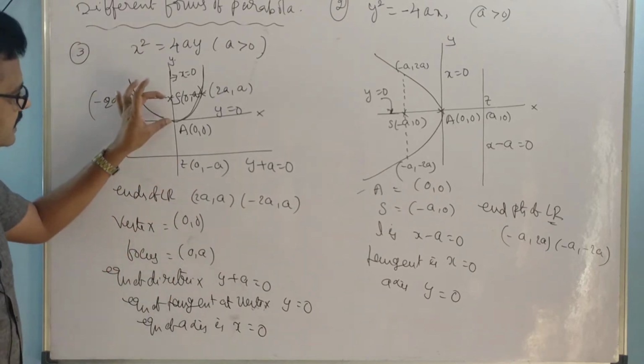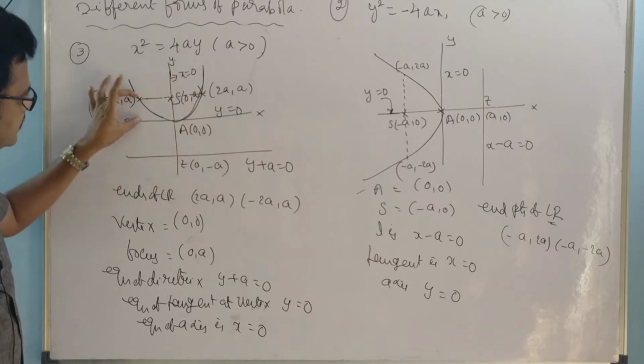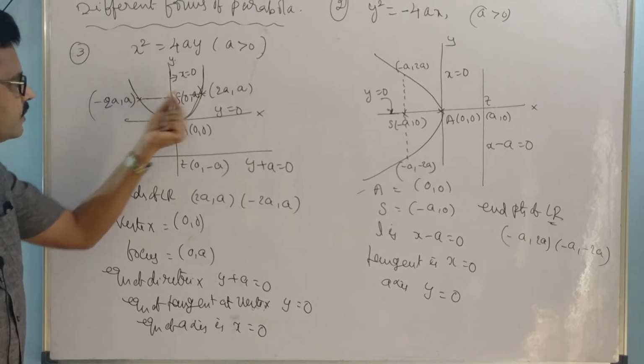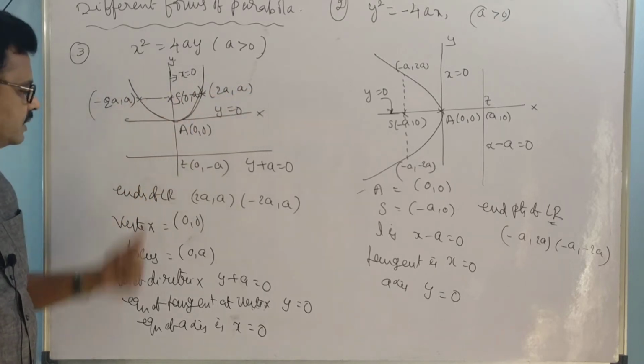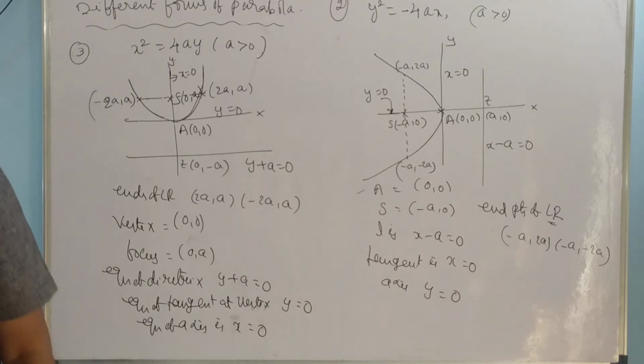The focus is (0, a), and the distance is a units on each side. So (2a, a) and (-2a, a) are the ends of latus rectum.